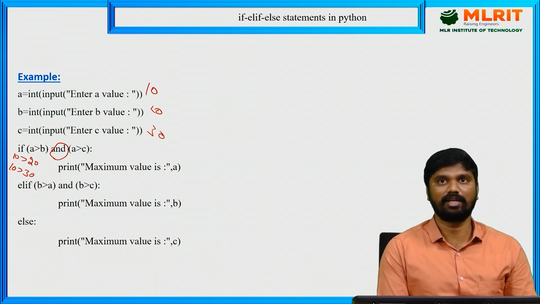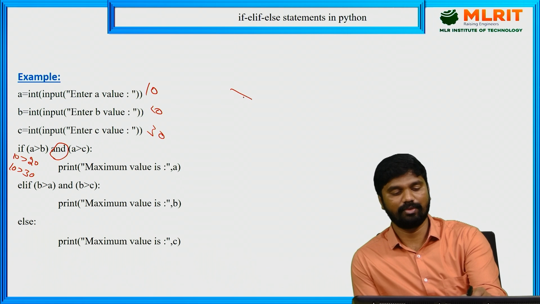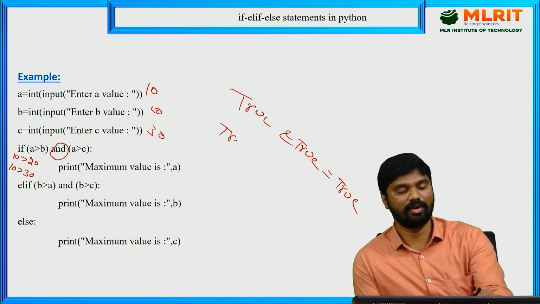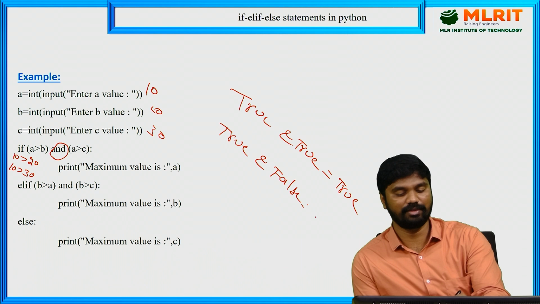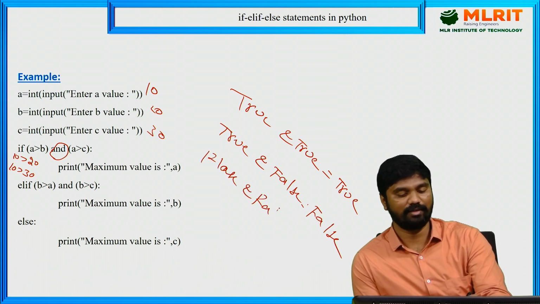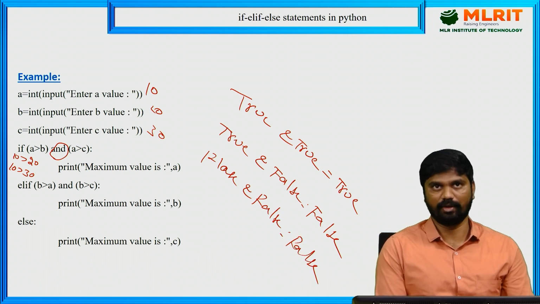If one operand is true and the second operand is also true, it returns true. If one operand is true and the second is false, it returns false. If both are false, it returns false. So this is about the AND operator.